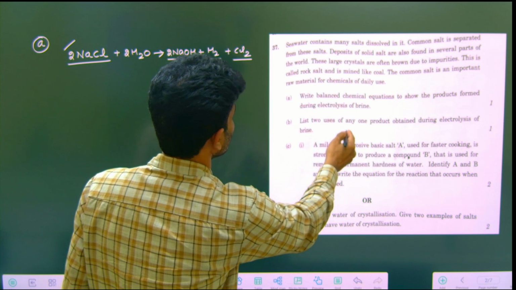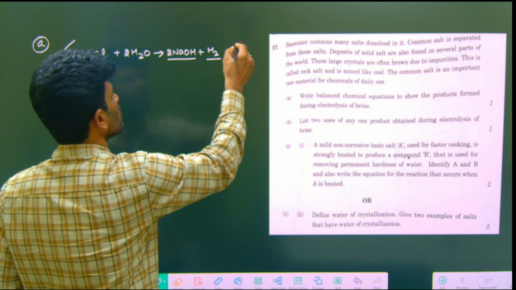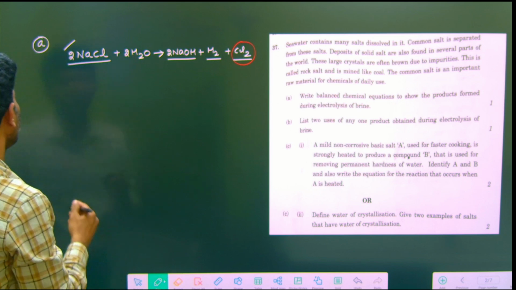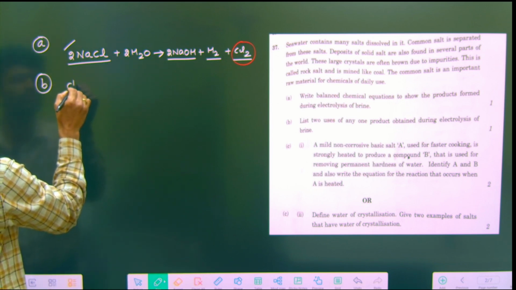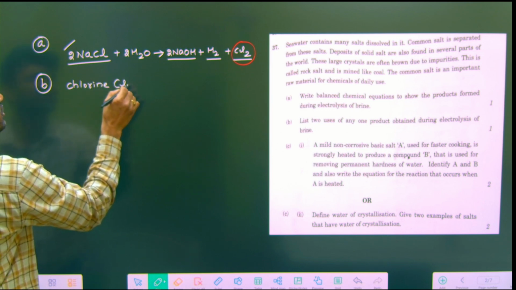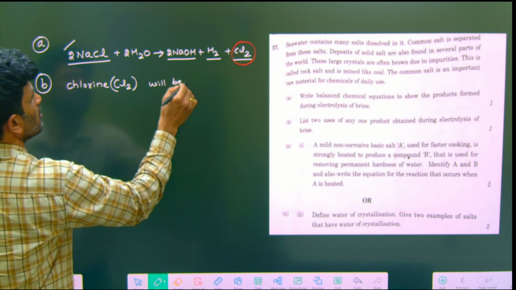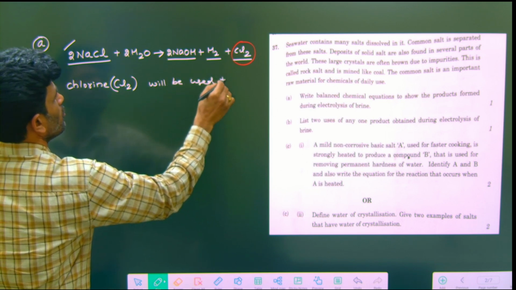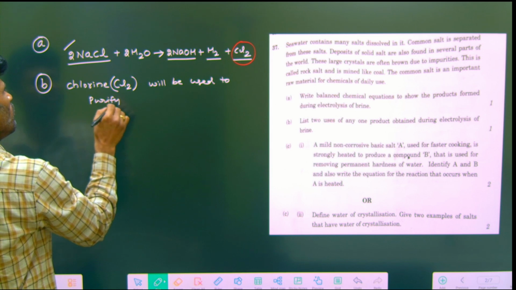Next, list 2 uses of any product obtained during electrolysis of brine. So I am taking chlorine. I am writing the uses of chlorine. Cl2 will be used to purify water.